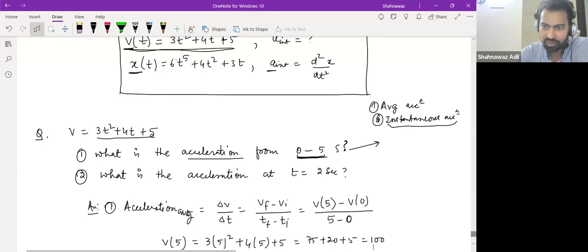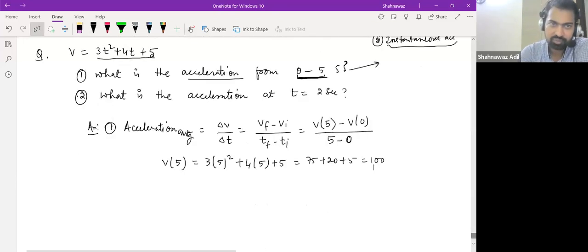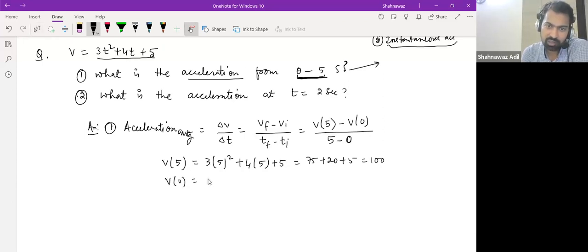What is v0, guys? v0 would be 3 into 0 square plus 4 into 0 plus 5. This is 0, this is 0, so only 5. Now we have calculated v5 and v0, so just plug in these values.